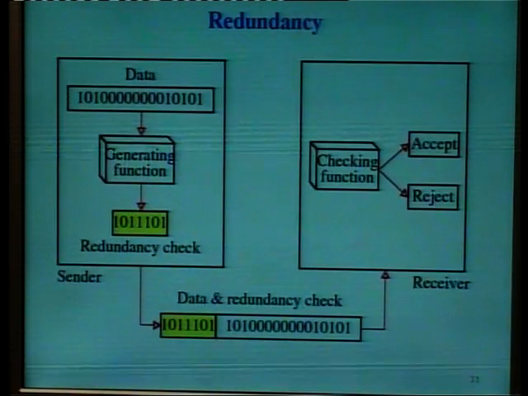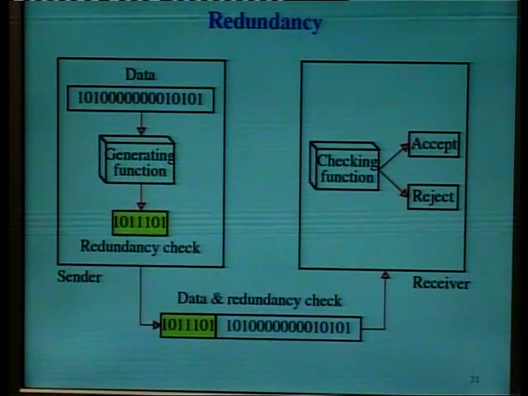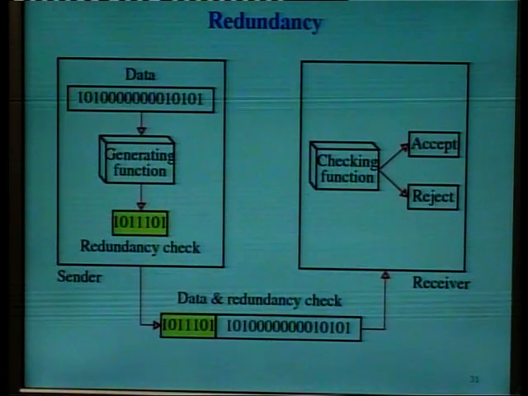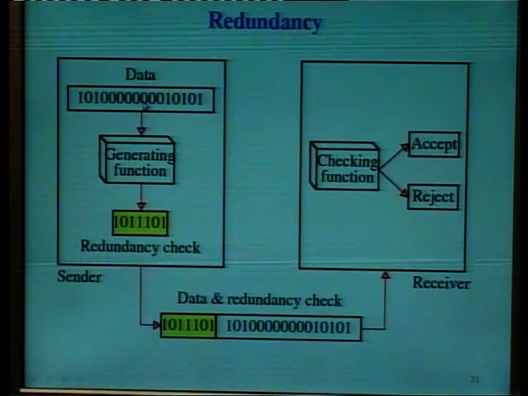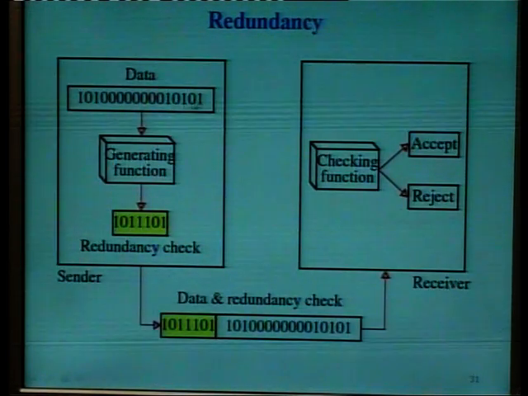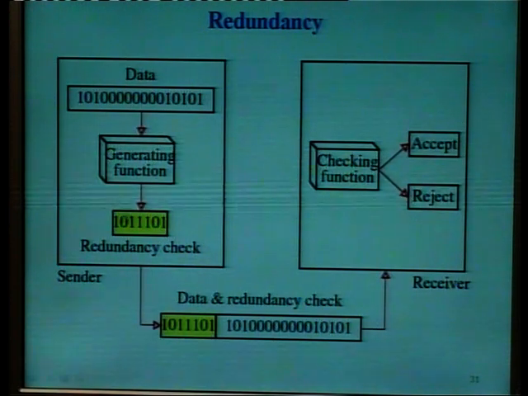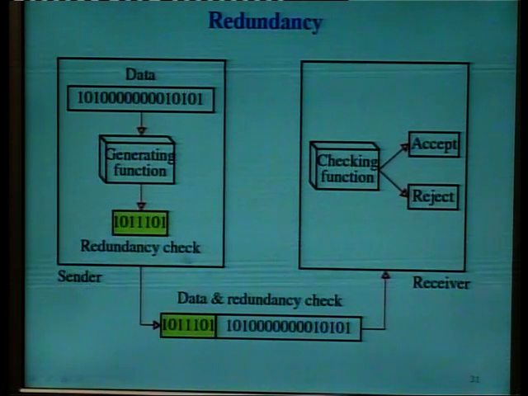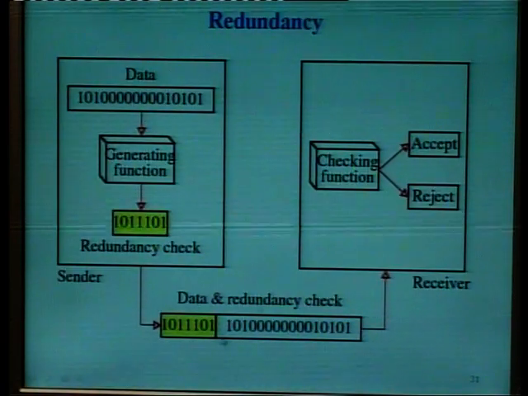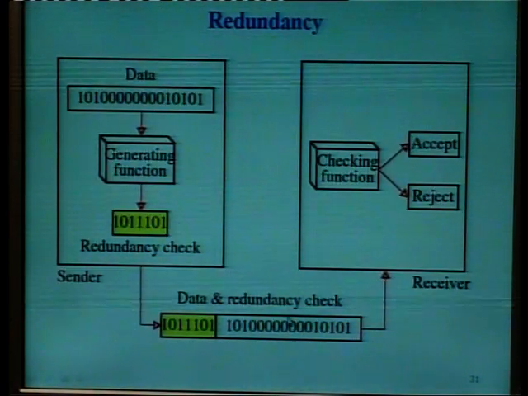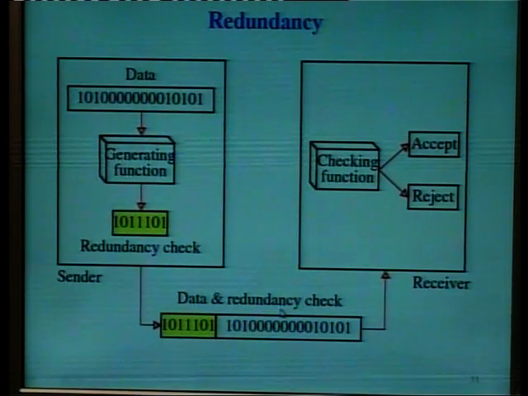Now the same thing is explained here also. So the original data was 1 0 1 0 0 0 0 0 0 0 0 1 0 1 0 1. A generating function was used to calculate redundancy. Now this redundancy is added to the data. This can be added in the header, in the trailer, or in between. It depends upon which error detection code one is using.